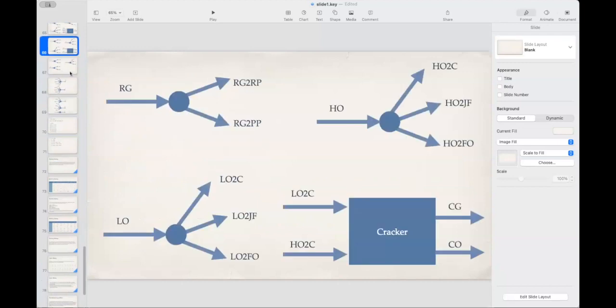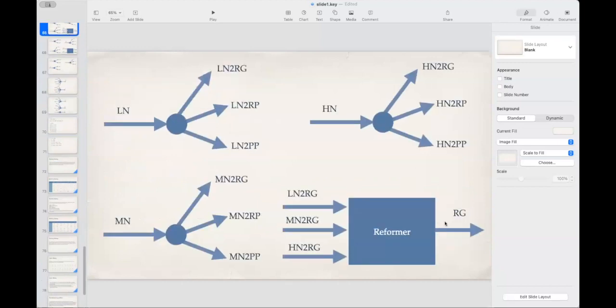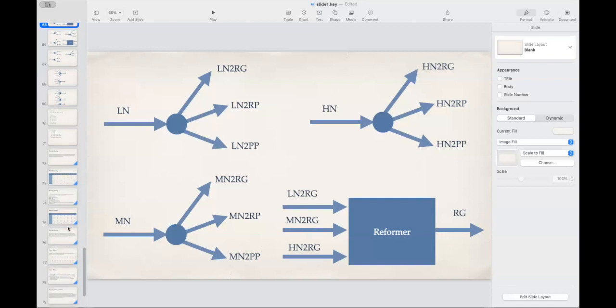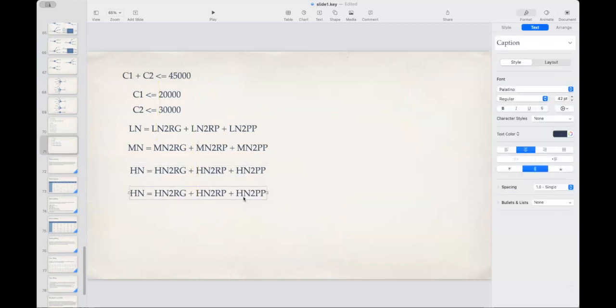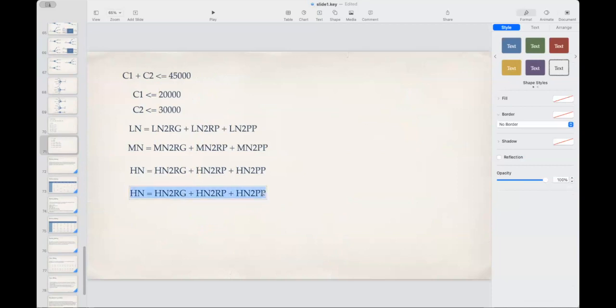Here, Rg must be 0.6 times Ln to Rg plus 0.52 of Mn to Rg and 0.45 of Hn to Rg. Repeat that again. Just one moment, because my memory is short. Okay, so we have Rg.